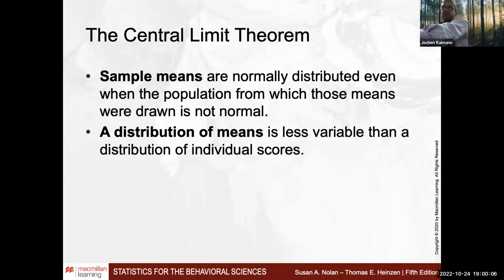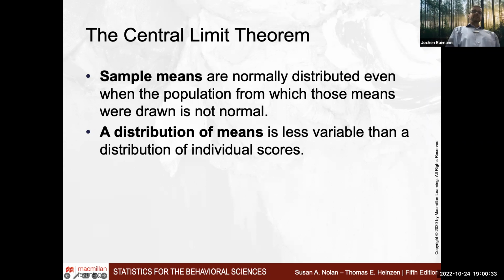So the variability in the population will give you an idea how much variability you will have in those means from the samples that you have drawn, those repeated samples. You take a sample, you drop it back, you get one mean. You take a sample, you take a mean, you drop it back in the population. So you get a large number of these means, you get a certain kind of variability.